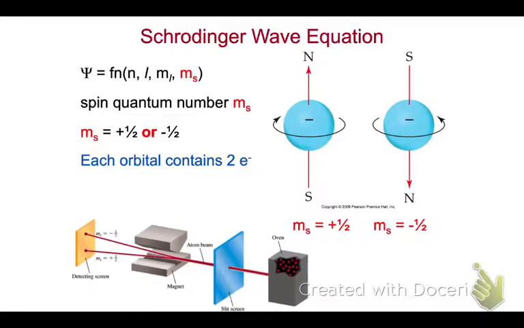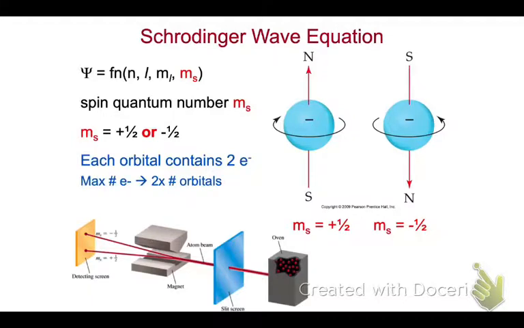That depends on how they interact with a magnetic field. We find out it depends on how they spin. If they spin clockwise, then they are going to be differentiated from the electron that spins counterclockwise. Again, there is no association between direction and value. All you need to know is that one of them will be plus 1/2, the other one is minus 1/2.